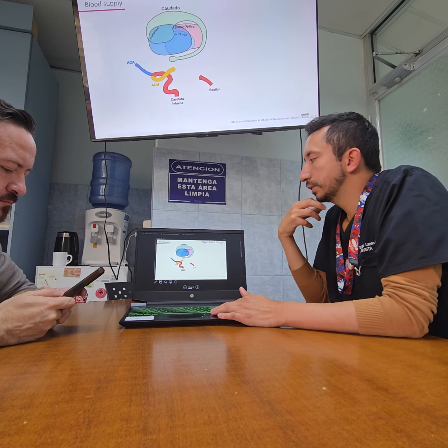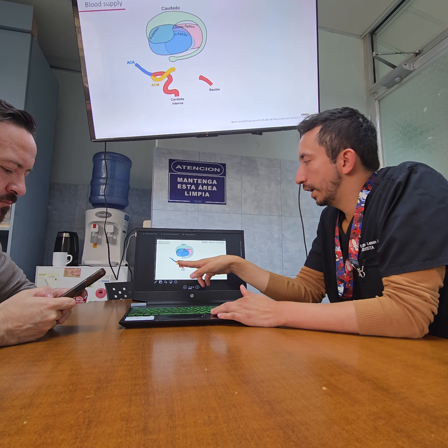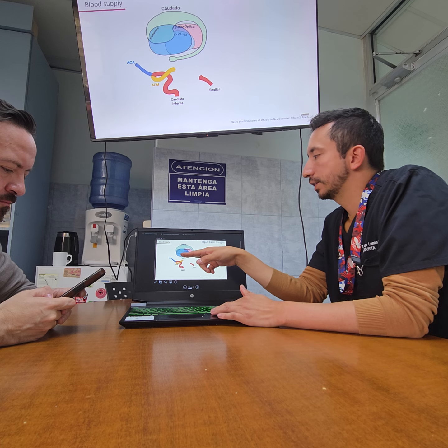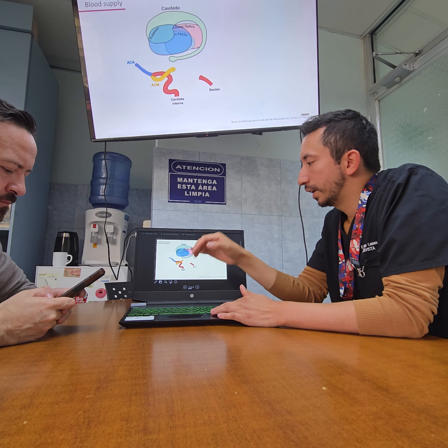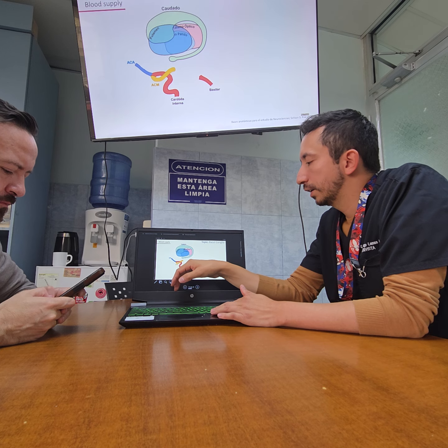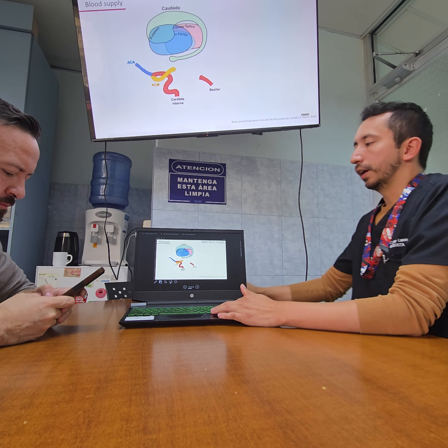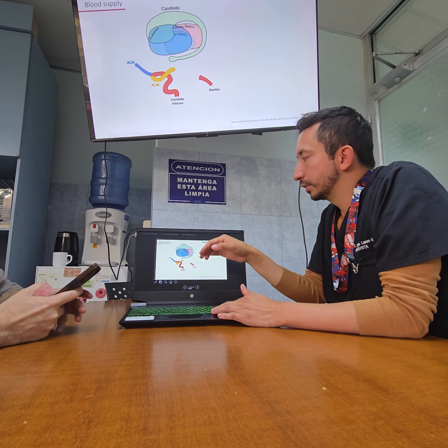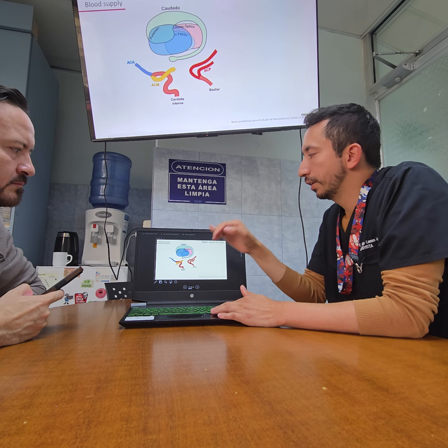From the anterior vascular system, the vessels involved are the middle cerebral artery and the anterior communicating artery, which are the terminal branch of the internal carotid artery. From the posterior system, the posterior cerebral artery is involved.